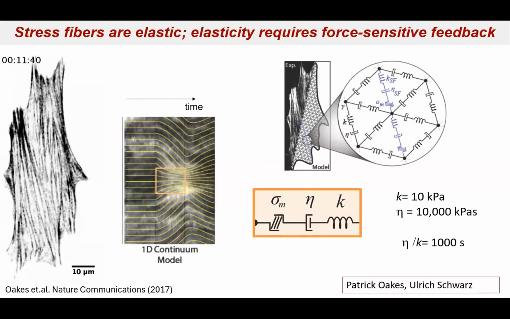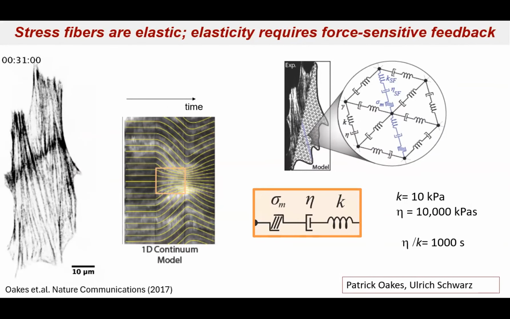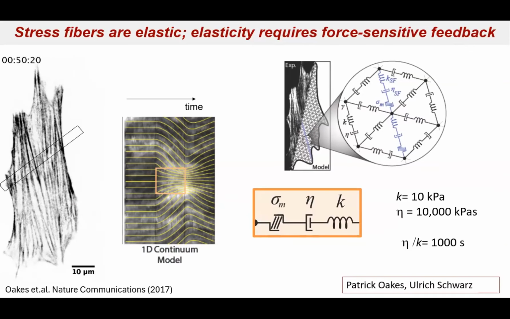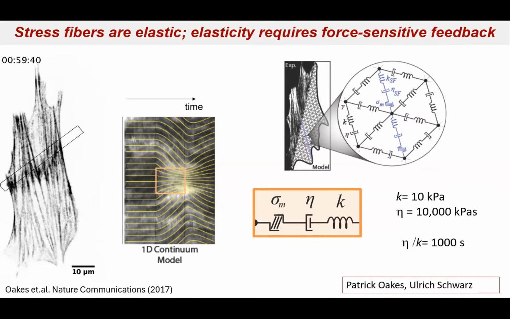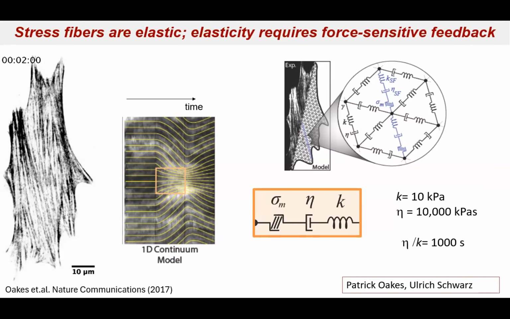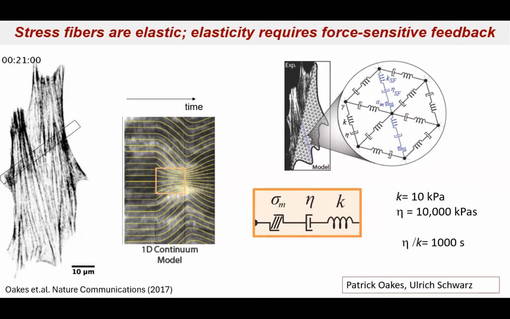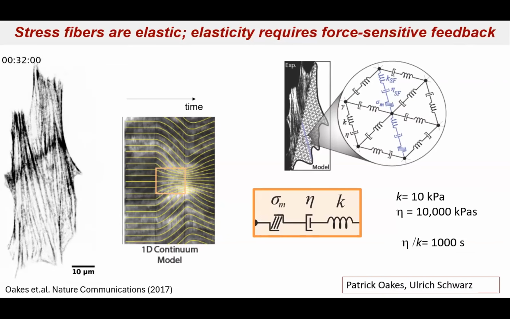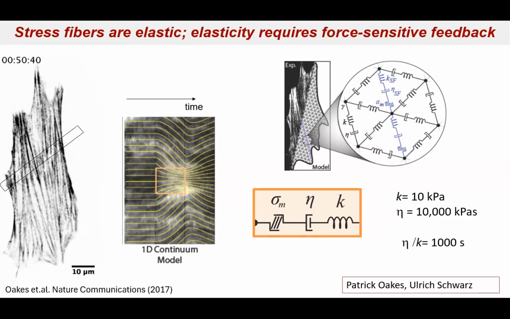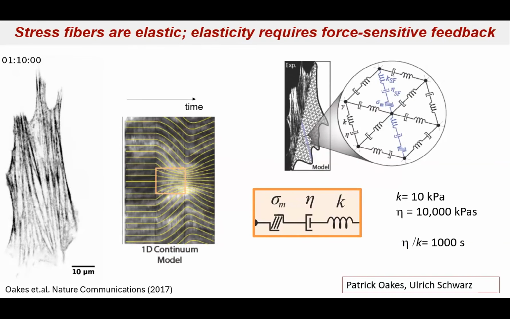And so again, Patrick sort of painstakingly during his postdoc had studied the mechanical response of stress fibers using optogenetics, where he applied local stimulus and measured a response of deformation of the stress fibers. And he found that this Zixin-mediated repair response, in collaboration with Ulrich Schwartz's group, was sort of essential for the underlying elasticity of actomyosin stress fibers.